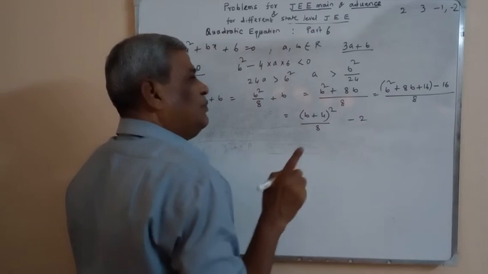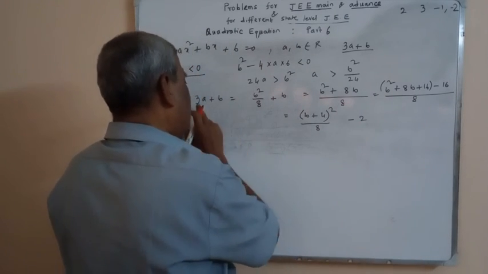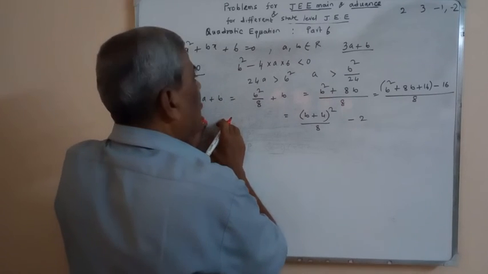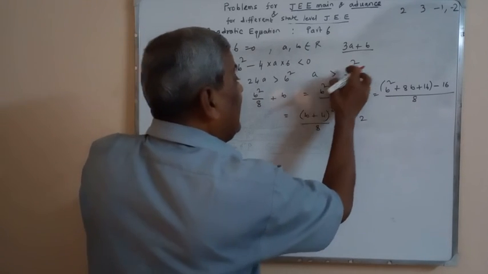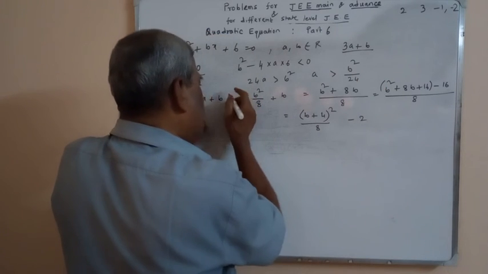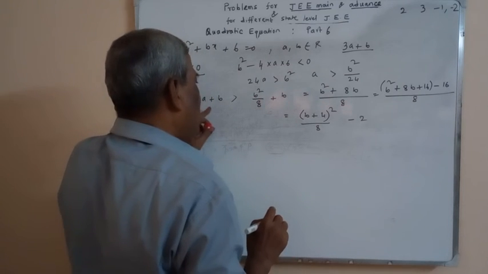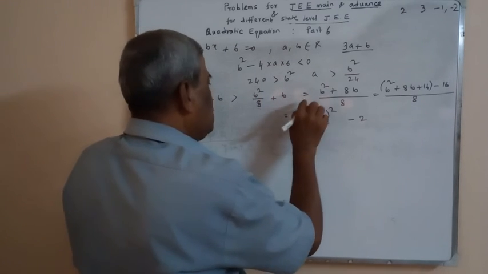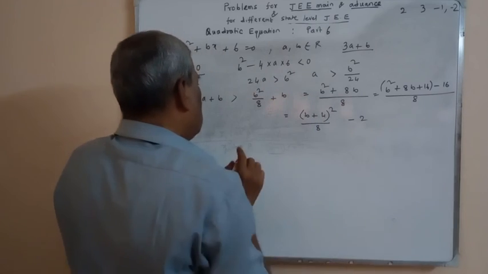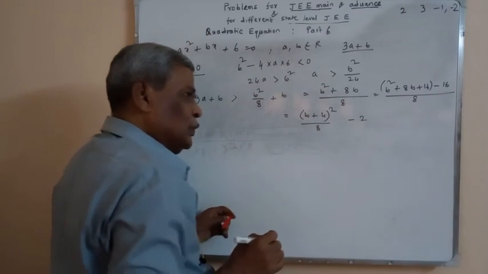Oh, I am making a mistake again and again. For 3a plus b, instead of a, I write greater than b square by 24. So this must be greater than this, so 3a plus b is greater than this minus 2.